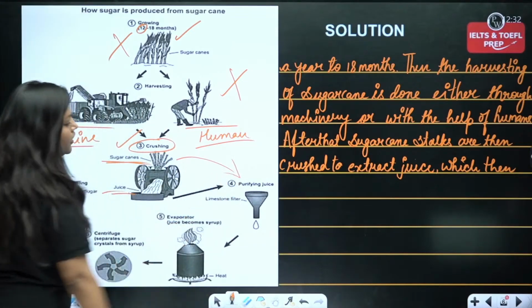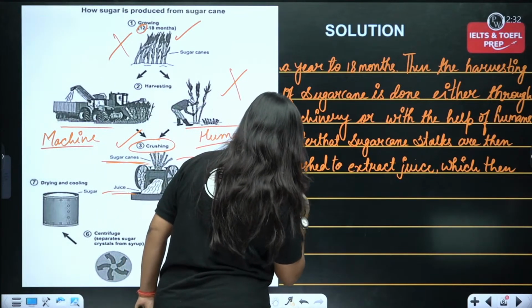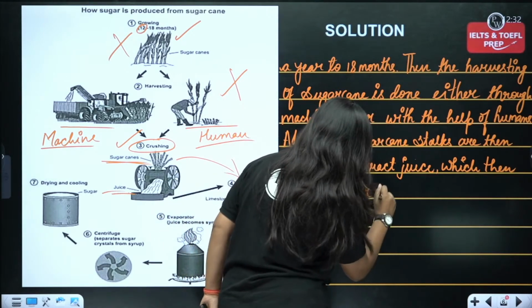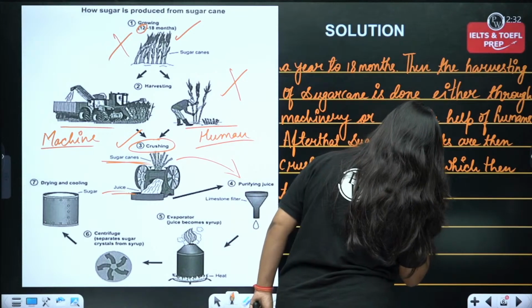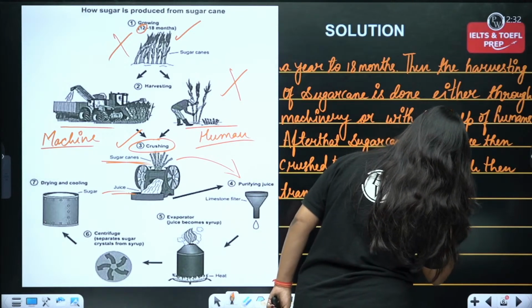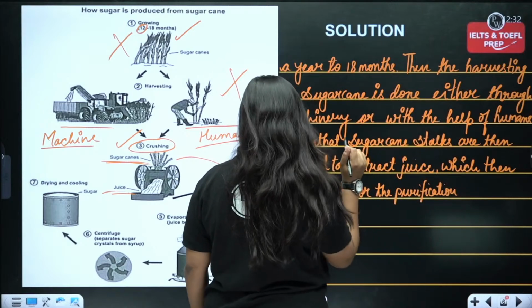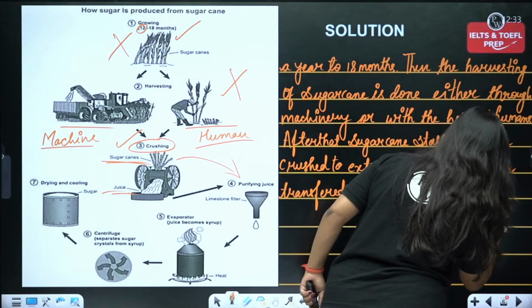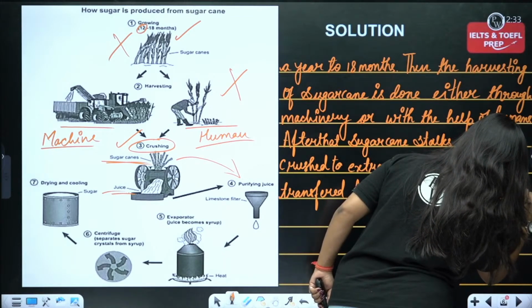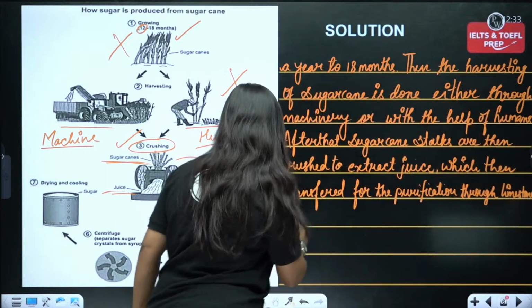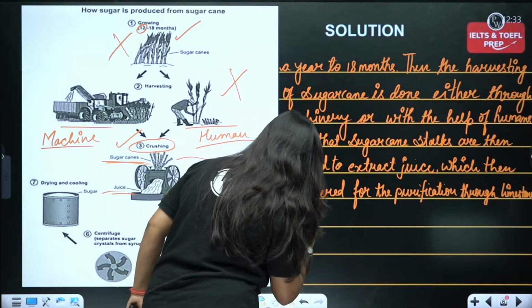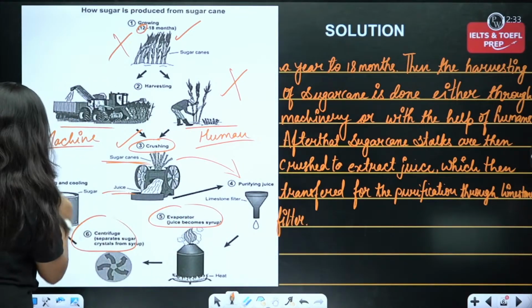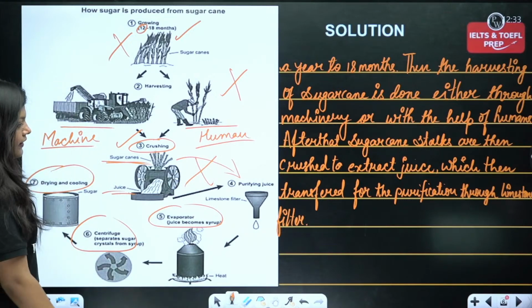You can see the fourth step out here. Then, which then transferred through limestone filter. Done. Then we've got 5th, 6th and 7th step left. We are done with this one. And then what we are going to write.